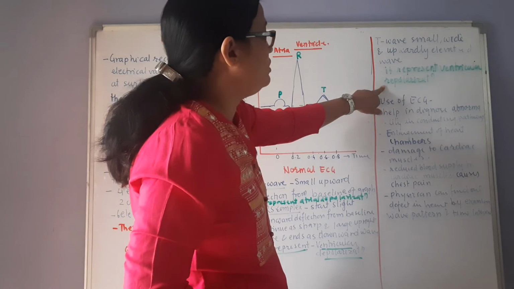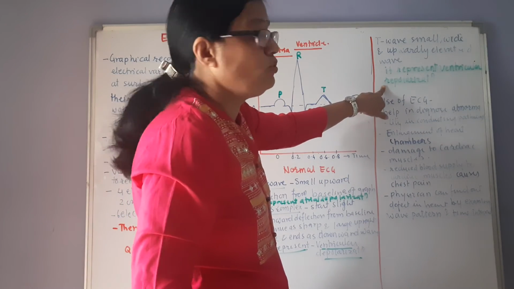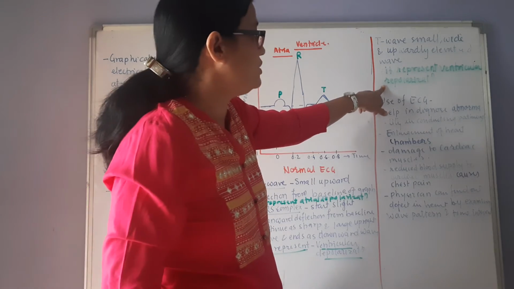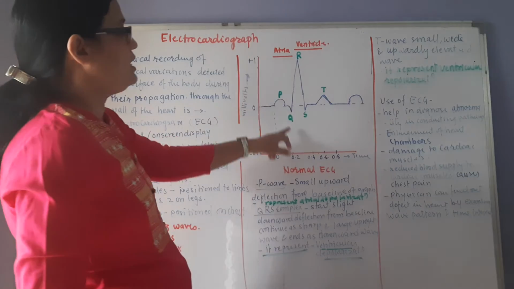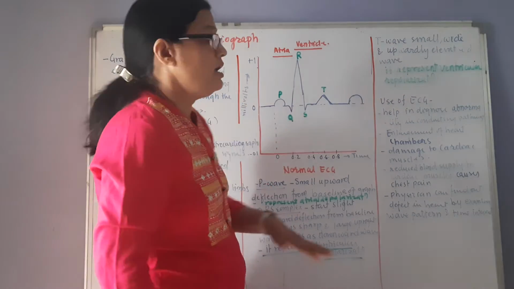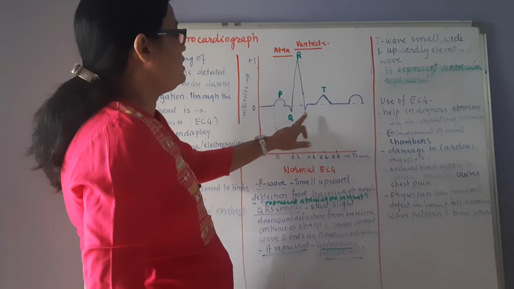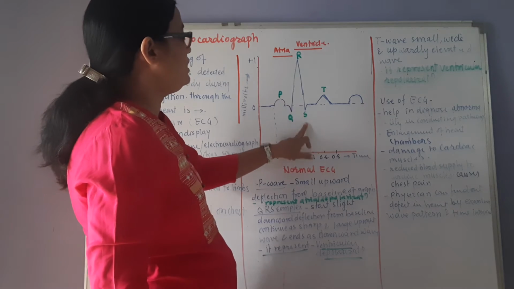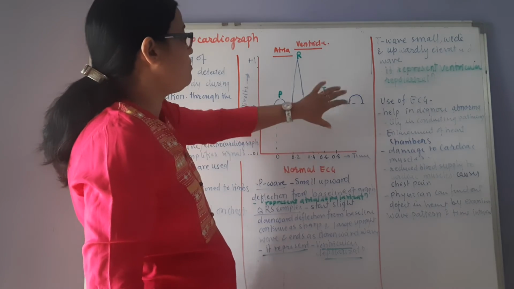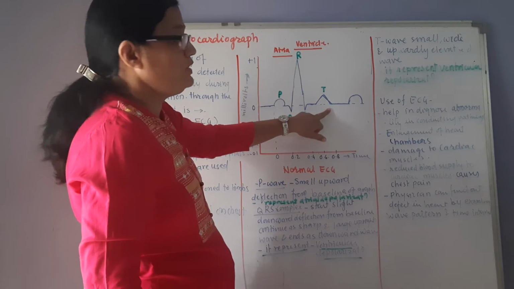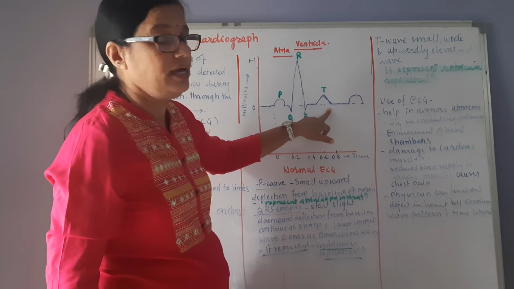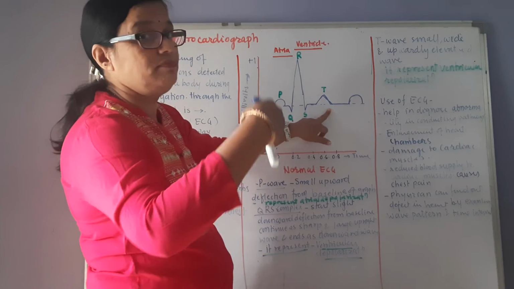So it represents the ventricular repolarization. In this way, the ECG notes the three waves continuously throughout the long paper: the P wave, QRS complex and T wave. It shows the complete heartbeat. Okay, one heartbeat means one pulse.